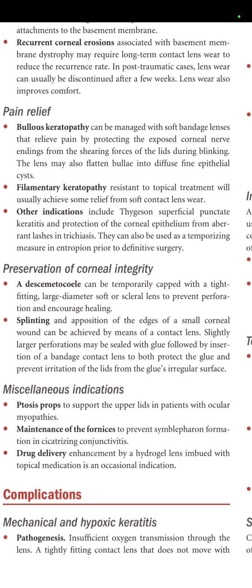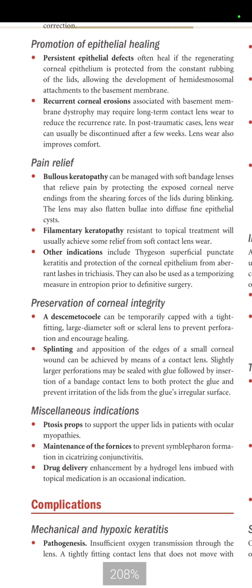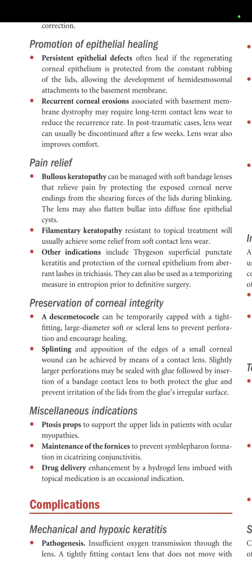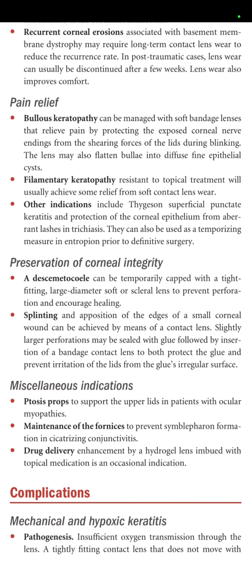Preservation of corneal integrity. So fourth is basically you have to preserve the corneal integrity. A descemetocele can be temporarily kept with a tight fitting large diameter soft or scleral lens to prevent perforation and encourage healing. Splinting and apposition of the edges of a small corneal wound can be achieved by means of a contact lens.